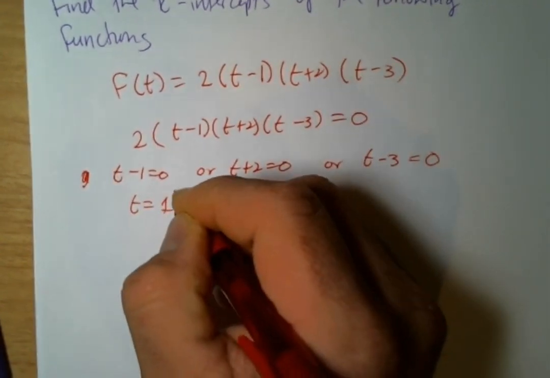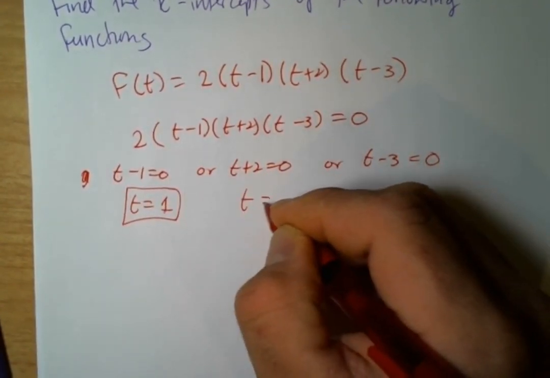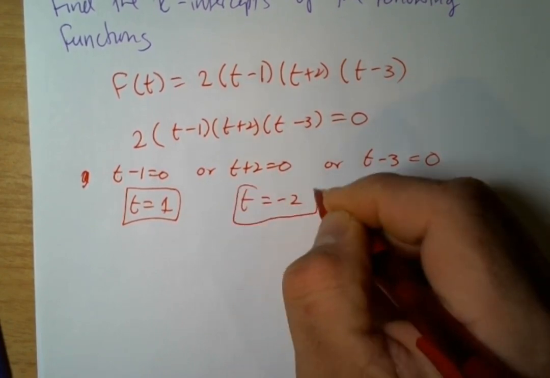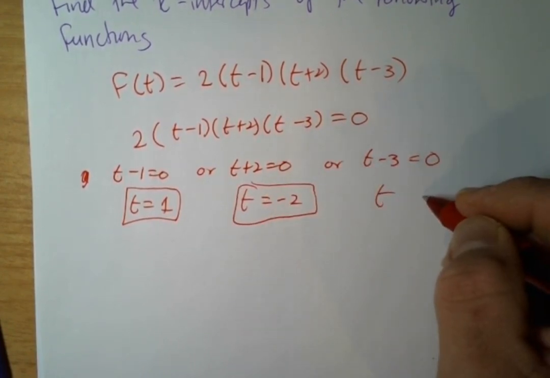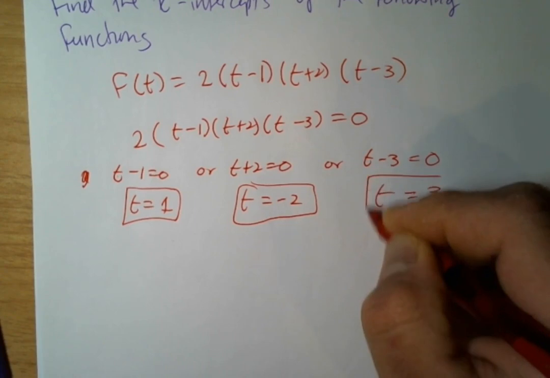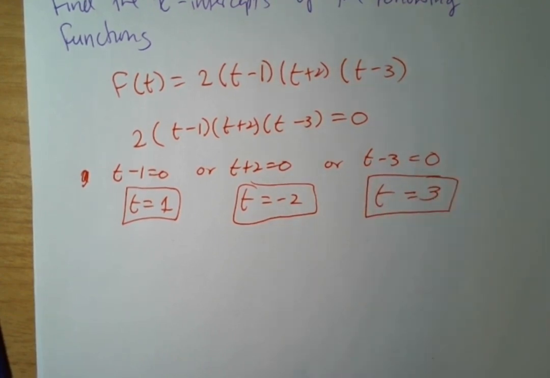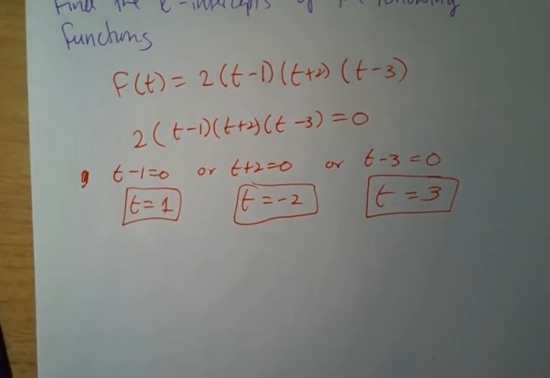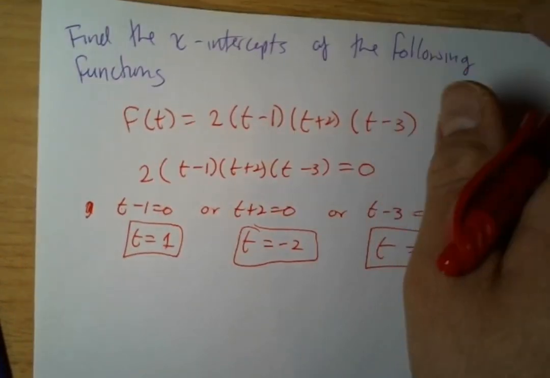So solving each one of those linear factors, we get 3 zeros: t equals 1, t equals -2, t equals 3.